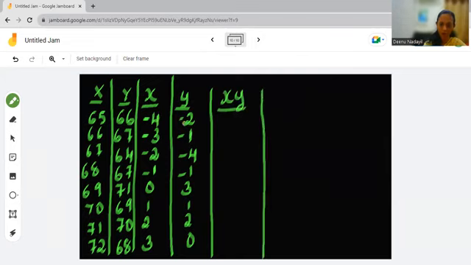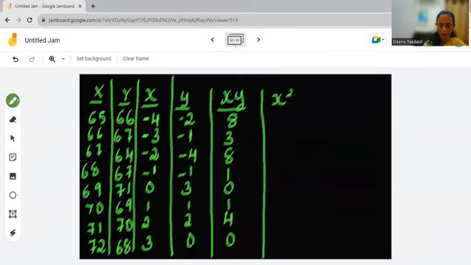Minus 4 into minus 2, minus into minus is always plus sign, 8. Minus 3 into minus 1, 3. Minus 2 into minus 4, 8. Minus 1 into 1, minus 1. 0 into something is always 0. 1 into 1 is 1. 2 into 2 is 4. And 3 into 0 is 0.